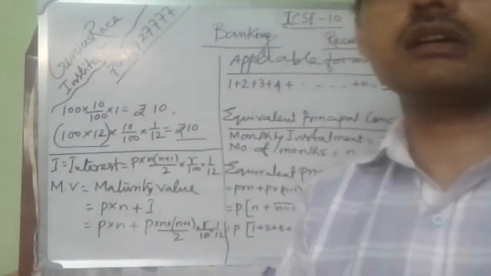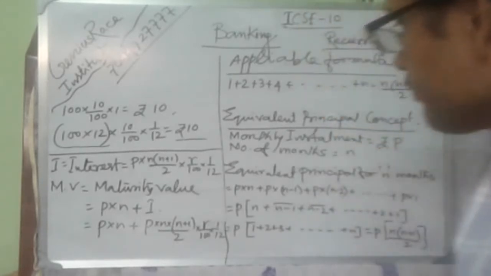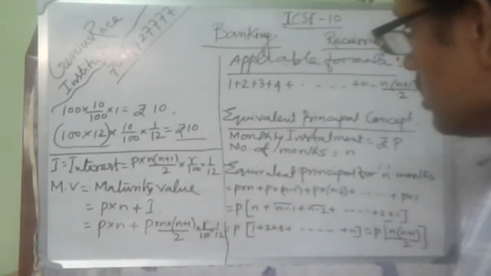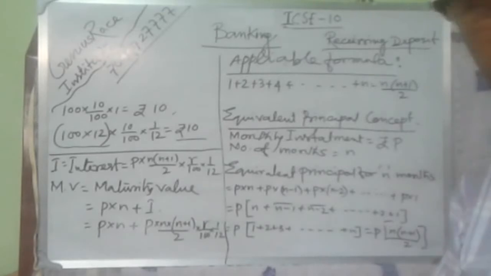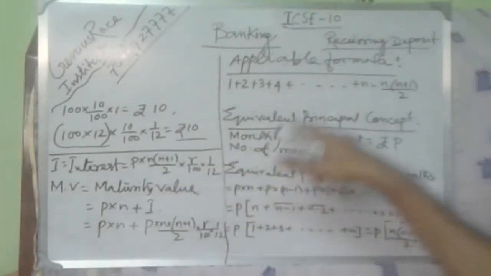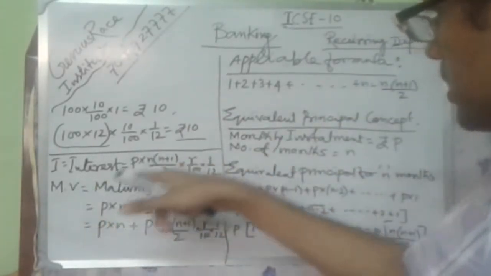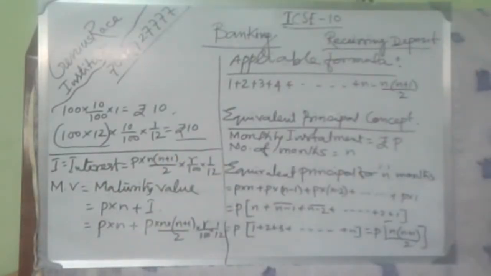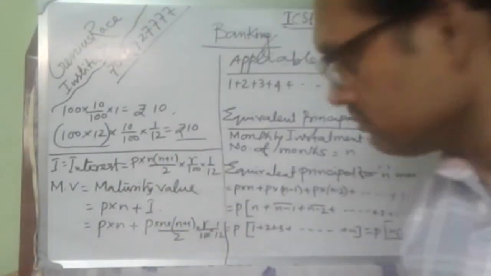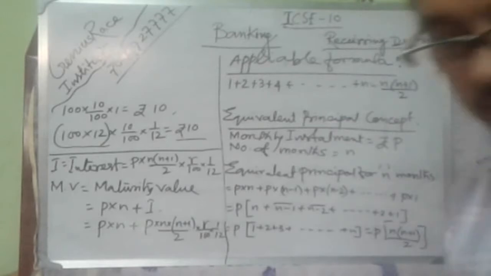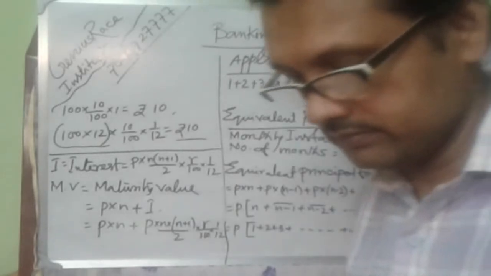So this final formula we can use to find the solution of different problems. So in the next segment we are going to solve problems related to this recurring deposit, and we will find the maturity value, interest, like that. Okay, so let us move into the problem sum oriented questions.